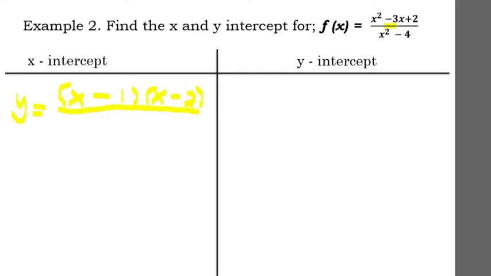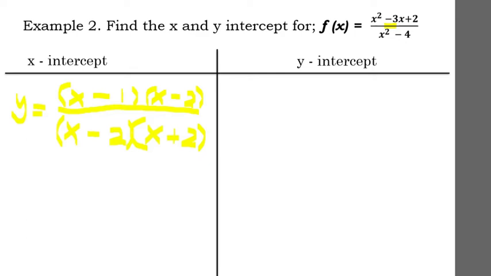Then factor x squared minus 4. For the factors of x squared, you have x and the other x. Since it is a perfect square, the factors of 4 are negative 2 and positive 2. So there are similar factors in both the numerator and the denominator. If that happens, we can cancel them.